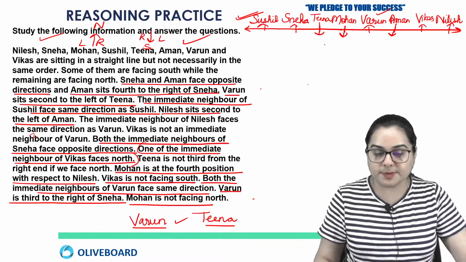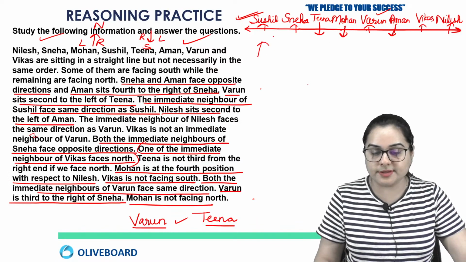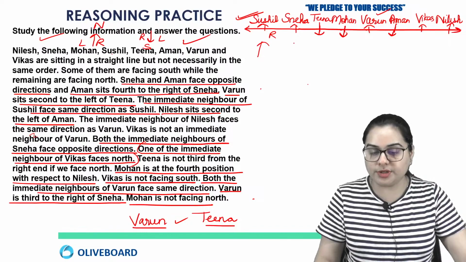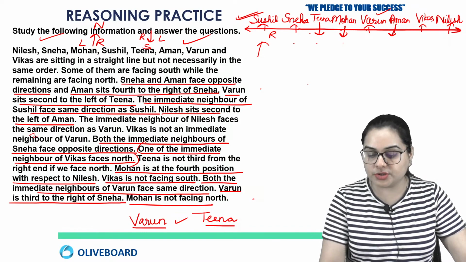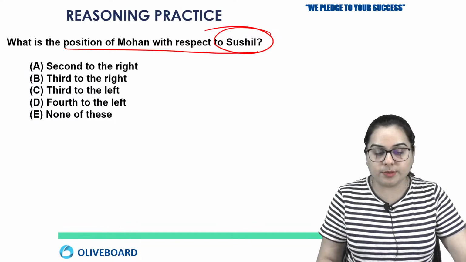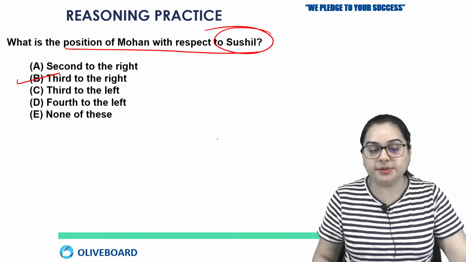Okay, so Mohan with respect to Sushil, you have to check. Sushil is here. So from the right of Sushil, Mohan is on 1, 2, 3, third position. So the answer here will be third to the right. That is option number B.